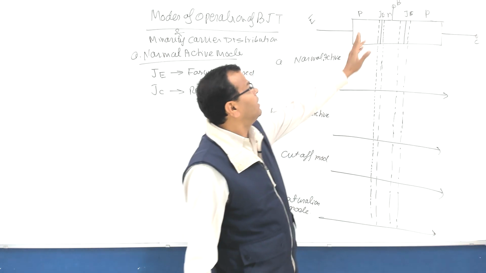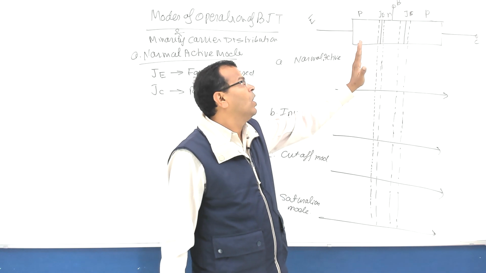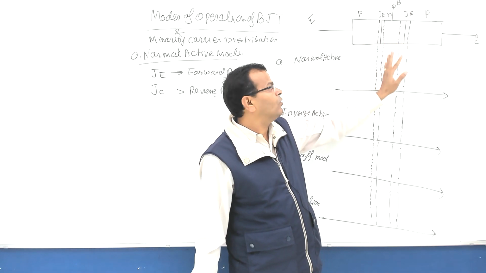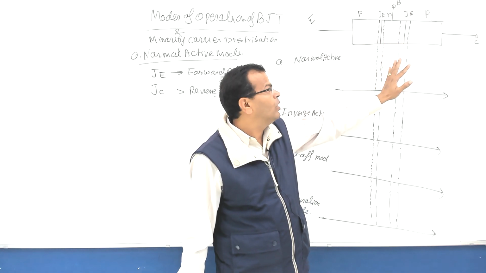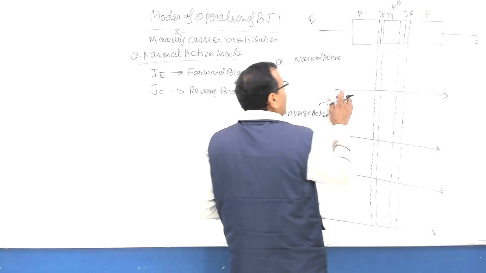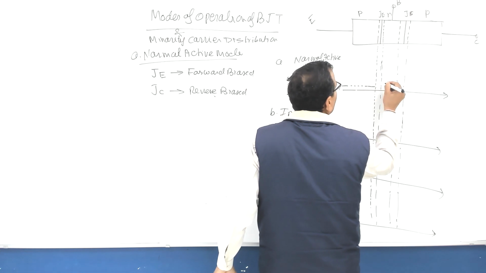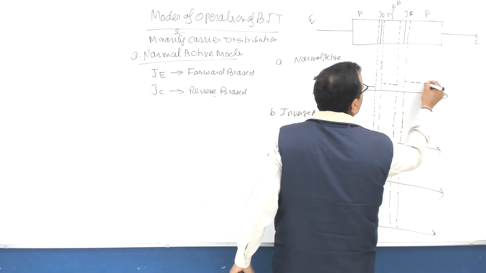So on this side, if it is P, what are the minority carriers? That is electrons. On this side it is N, so what are the minority carriers? That is holes. On this side, what are the minority carriers? That is electrons. So at steady state, I'll be assuming the concentration is like this.